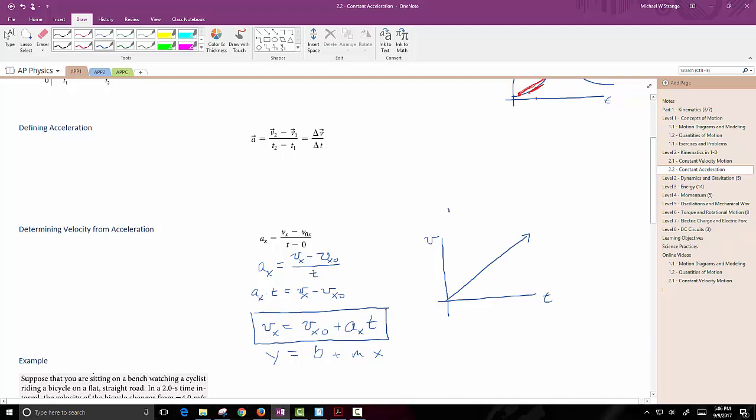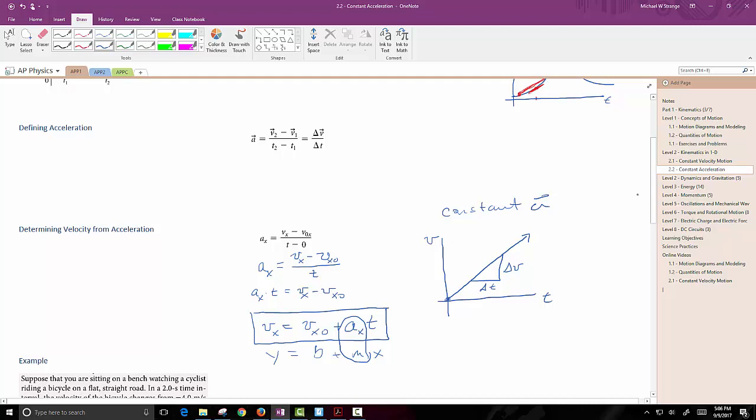So this is constant acceleration. You can see that the slope of your line is your acceleration, because that's your change in velocity over your change in time. So I can get the acceleration from it, and your intercept is your initial velocity. It's very similar to constant velocity, but that happened on the position graph. It's been shifted over now.